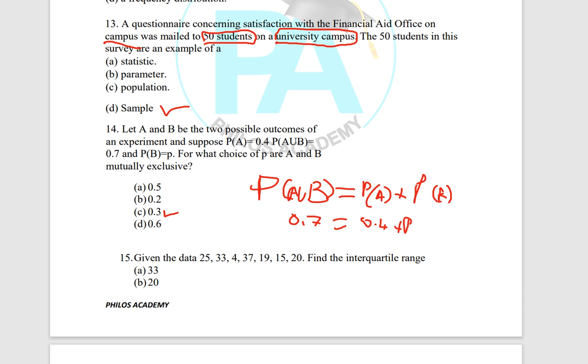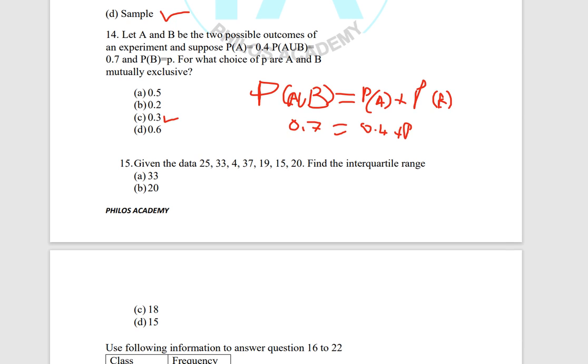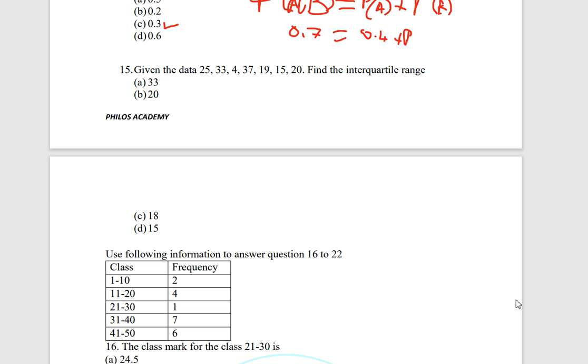Okay, so quickly let's proceed to question 15. Question 15 says, given the data 25, 33, 4, 37, 19, 15, 20, find the interquartile range. To find the interquartile range, what you are going to do is to rearrange the numbers. So let's rearrange them.